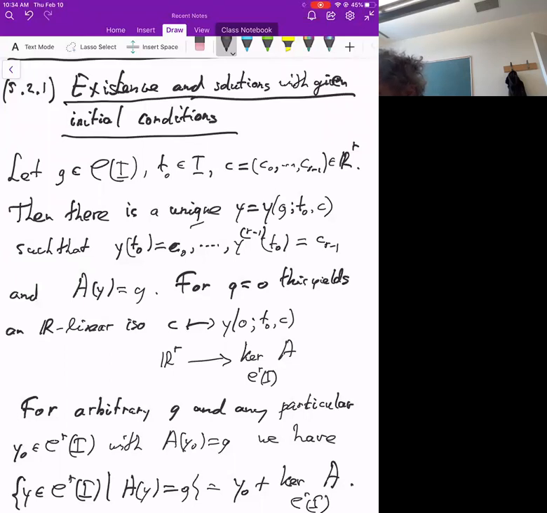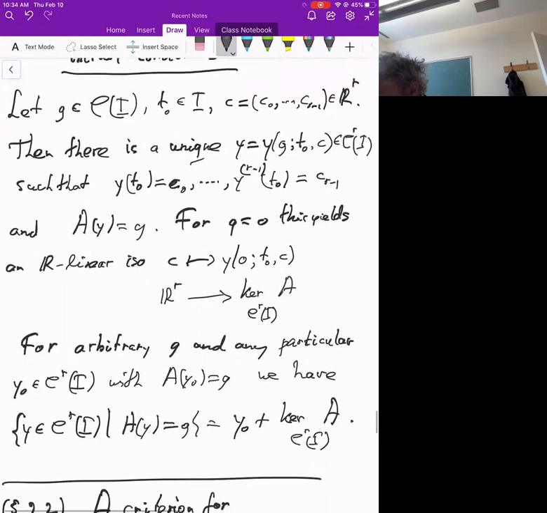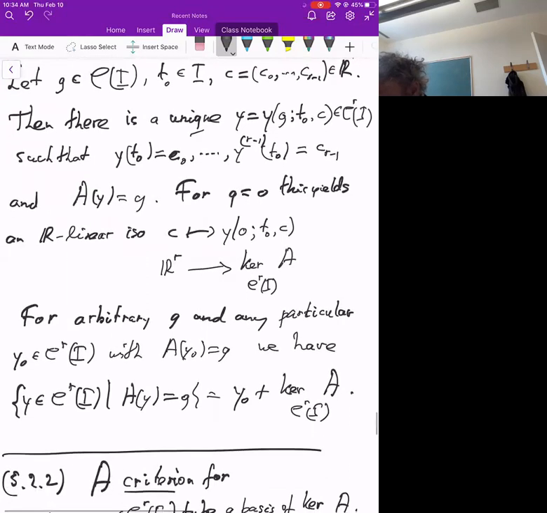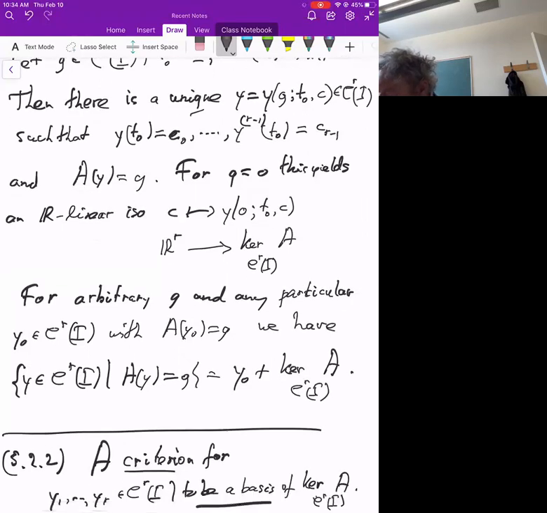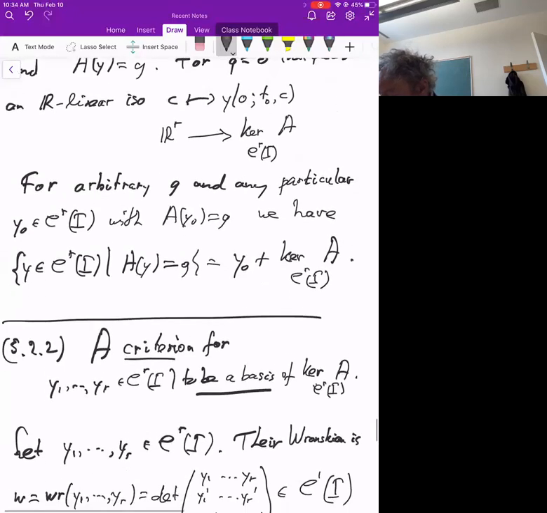I forgot to say that y is in C^r(I) here, and of course in the complex situation, with little i adjoined. Here you have, instead of R-linear, C-linear, and you have C^r here, and here you have C^r(I) with little i adjoined, and so on.